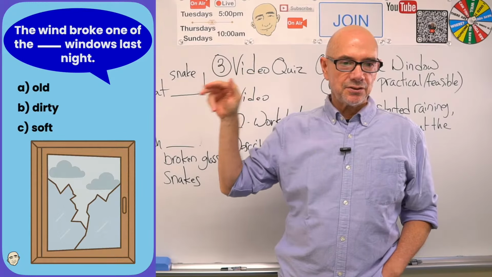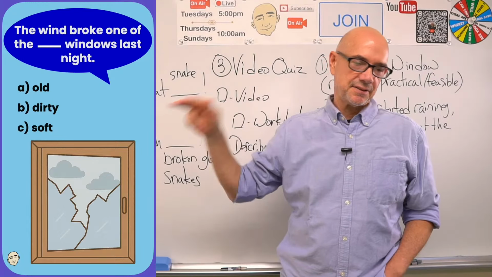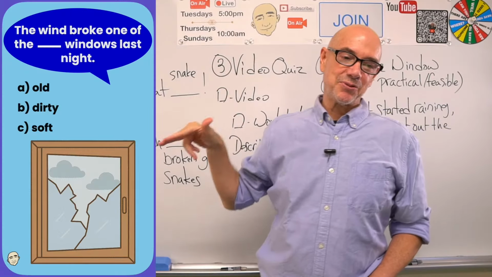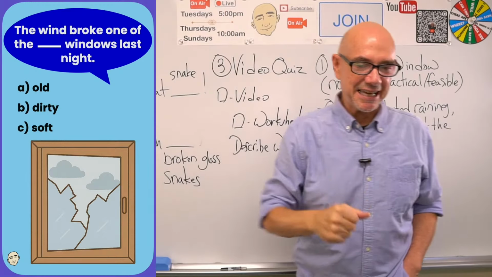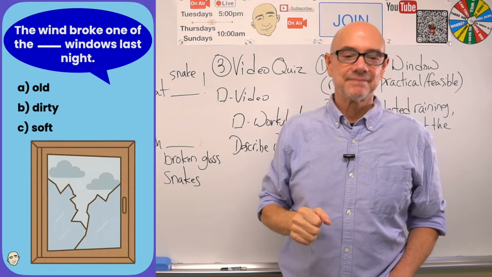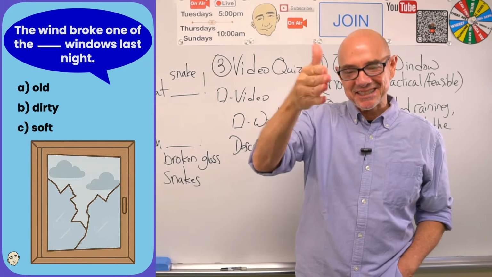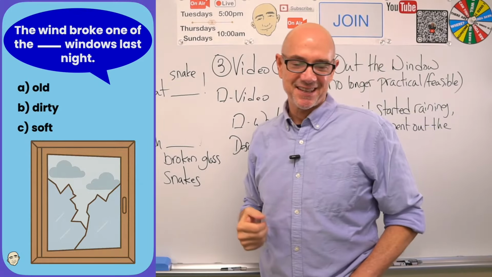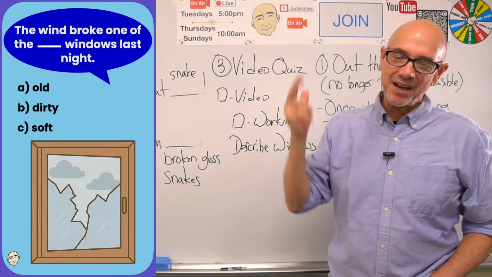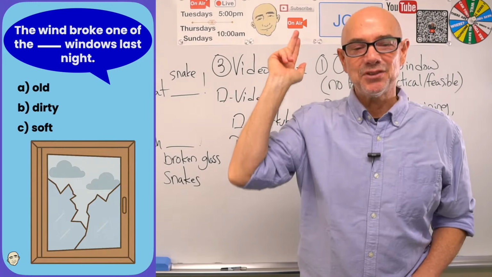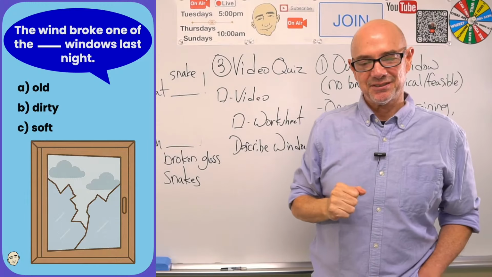Old, dirty, soft. Yeah, so it's a hard one to guess. But now, with the three options, I think you can get it. Yeah, so you needed to see the choices, right? Some you don't need to see the choices, and some you do need to see the choices.